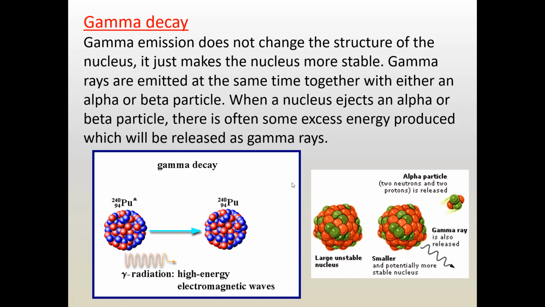So if we summarize the 3 decays we discussed: alpha decay, beta, and gamma. In alpha, what happens?